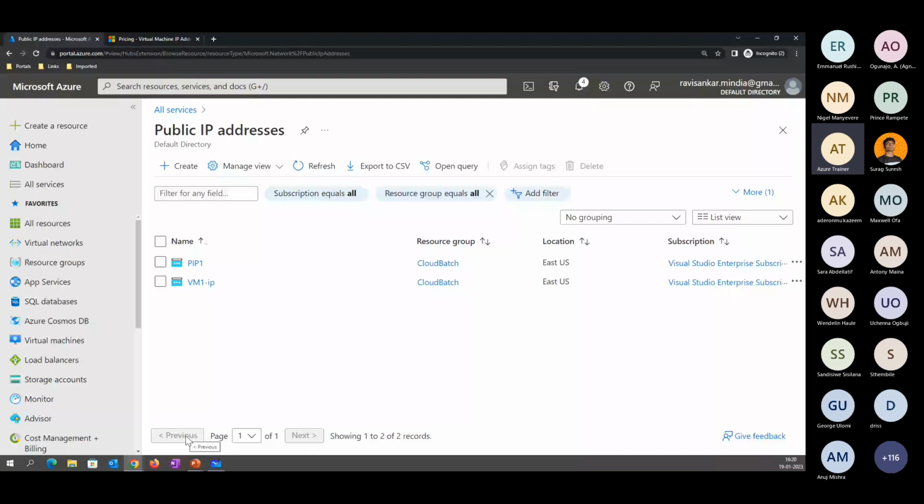Right now you can see two public IP addresses have been created.